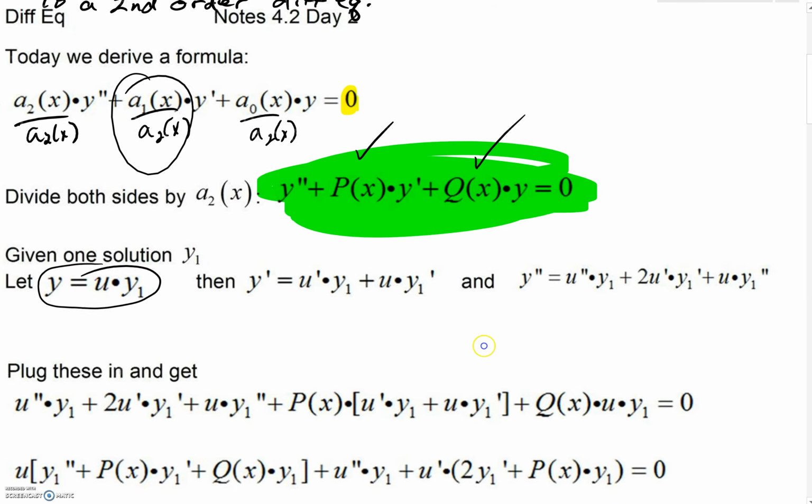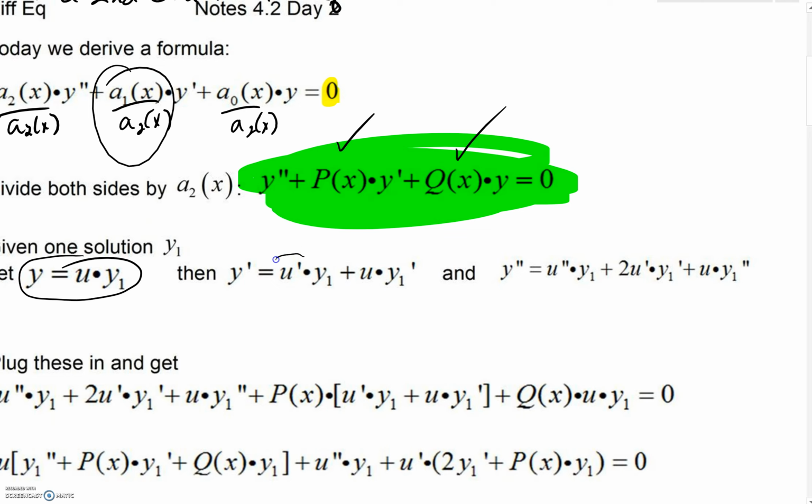Then what? Well, we're going to do the product rule again. We'd take our second derivative of u, times y1 plus, well, we can have our u prime times y1 prime. So that's really our first starting point, our first product rule.